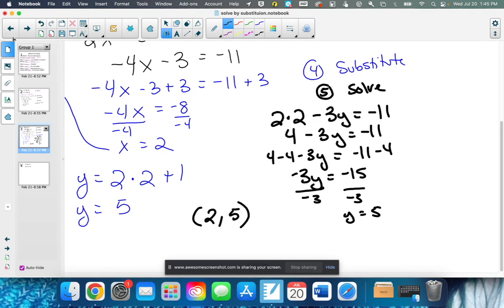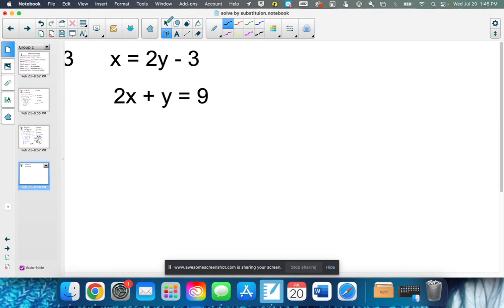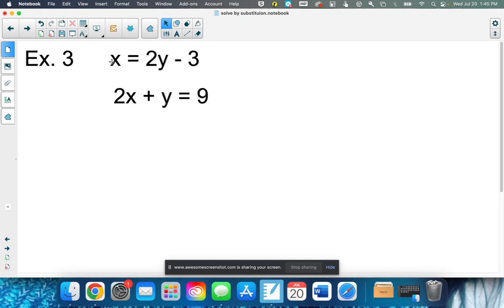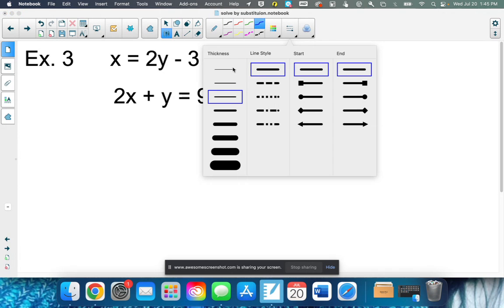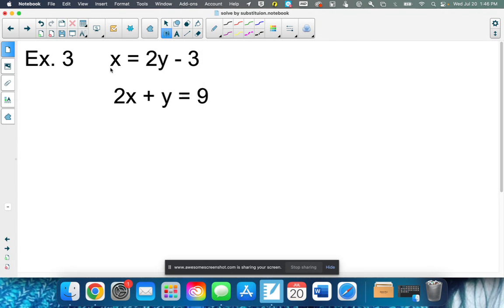All right, let's try one more. Okay, so take a look. In this system, x is solved for, and that's okay. You can substitute x just as well as you substitute the other way. So I'm going to do the same thing. Since x equals 2y minus 3, I'm going to make this x also equal 2y minus 3.